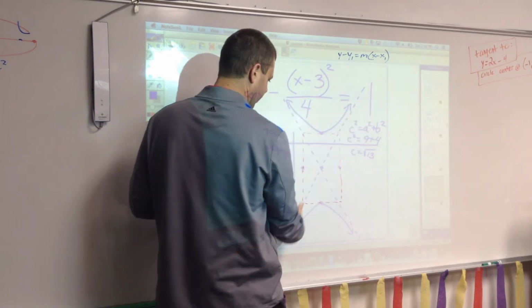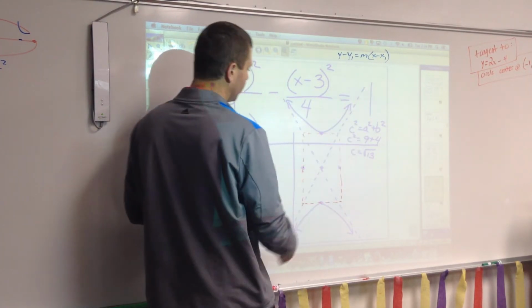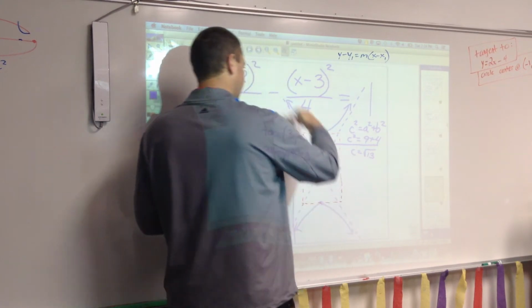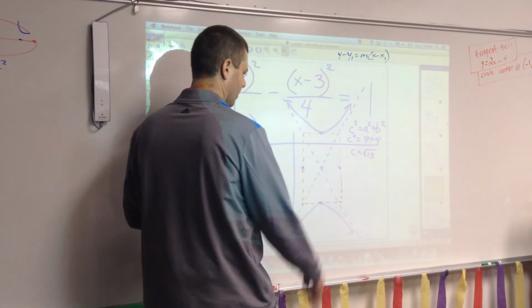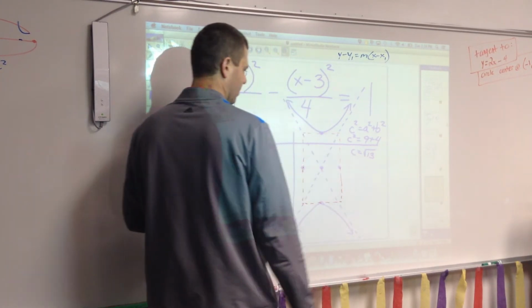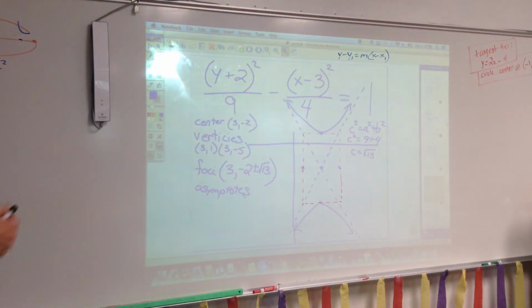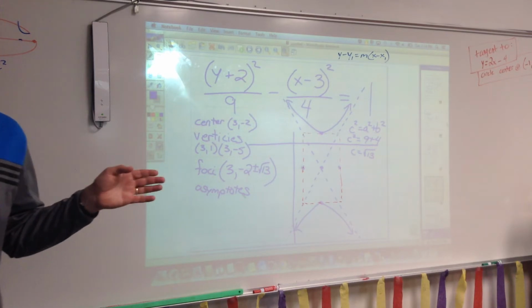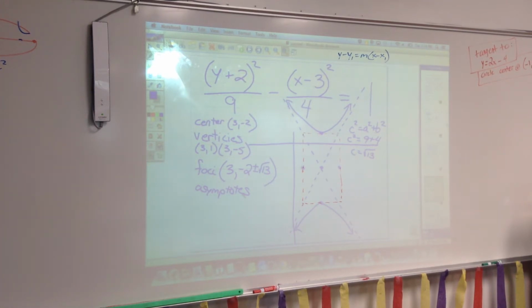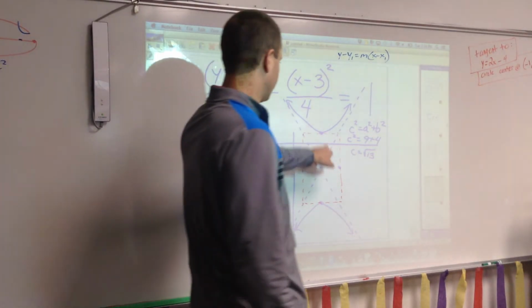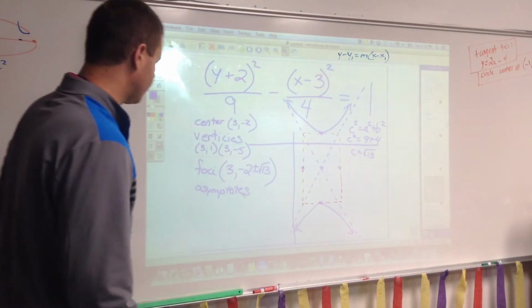So the slope of this asymptote would be 3 over 2. What's the slope of this asymptote? Negative 3 over 2, right? Down 3, right 2. So one of them has a slope of positive 3/2, the other one has a slope of negative 3/2, and they both pass through the point 3, -2 in itself, okay?